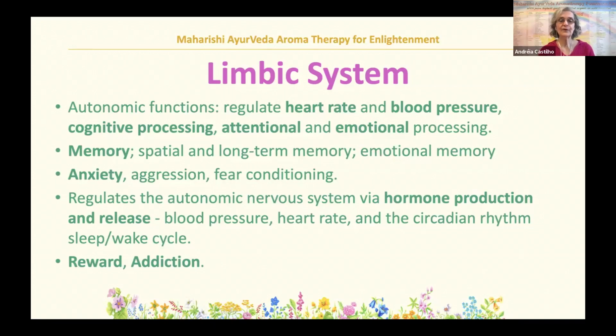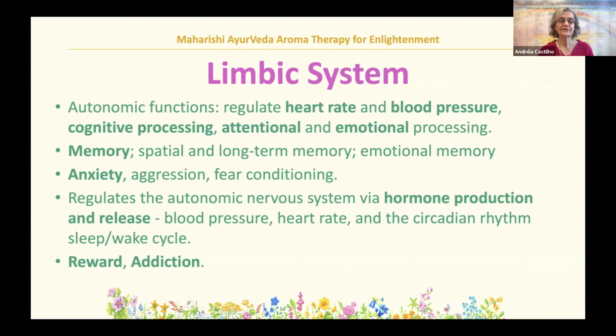The limbic system will have an effect on the autonomic nervous system, meaning the unconscious functions of our body, for example heart rate and blood pressure. We don't have to decide that the heart has to pump. It just does, controlled by the autonomic nervous system. In the same way, breathing and blood pressure are unconscious functions that happen automatically.